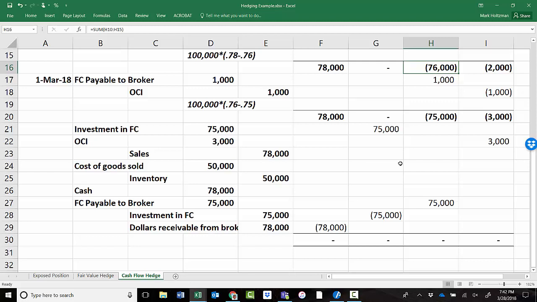And all the gains and losses they put into OCI had to come out and go right to the income statement. It blew Dell out of the water. They lost hundreds of millions of dollars. And then investors wanted to know, well, why did you have all of these foreign currency derivatives? What were you speculating in foreign currency derivatives like this? And it was a mystery why they didn't document it properly.